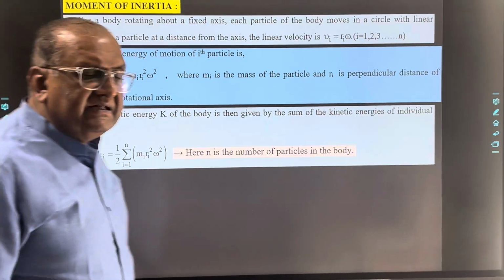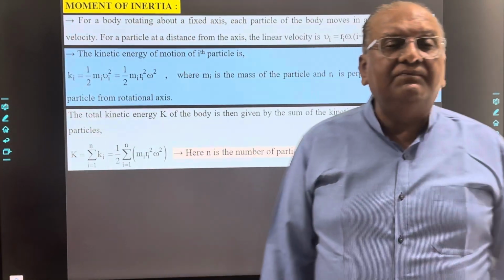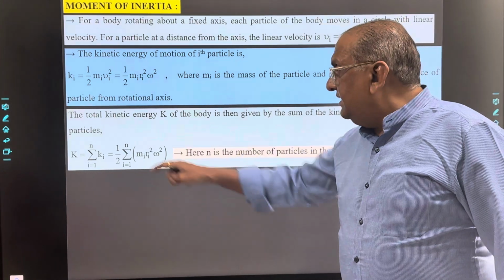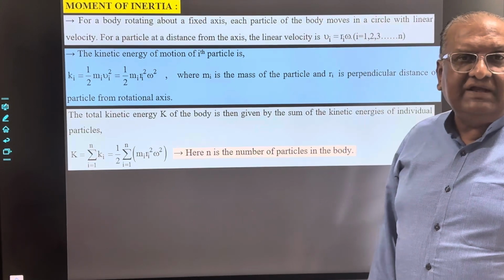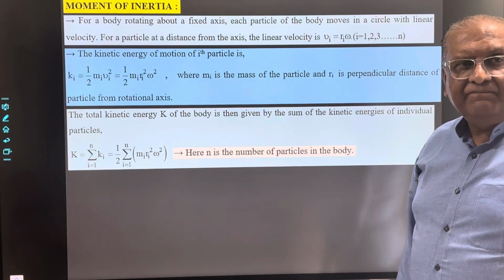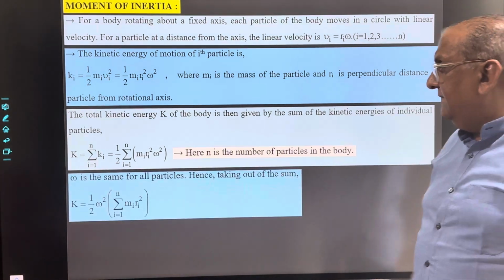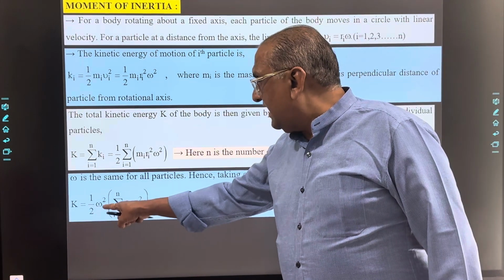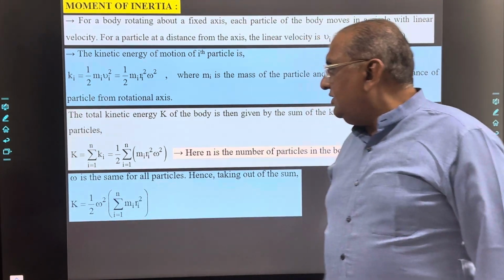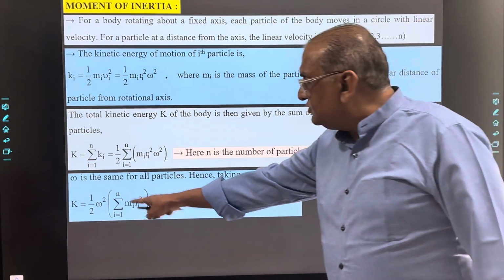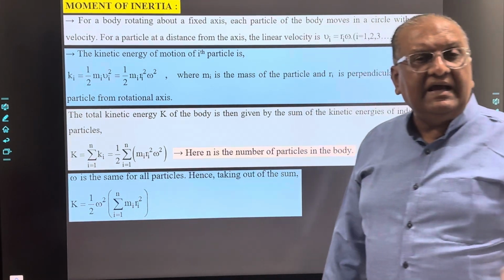Here n is the number of constituent particles of the body, and omega is constant for the given rotational motion. So we can write k equal to half omega square into sigma i equal to 1 to n mi ri square.